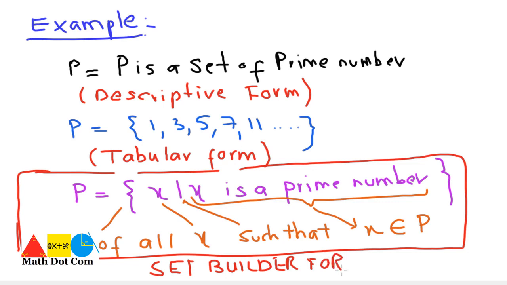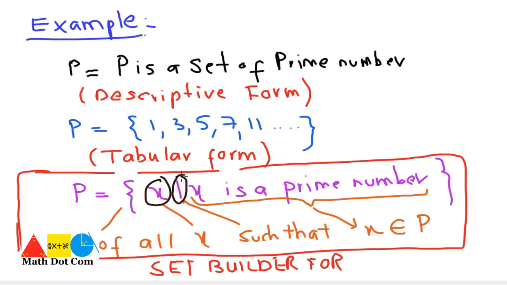Okay, so this is how we can write a set builder form. We write the curly bracket, which represents set of all. Then after that we have a variable. It could be any variable, a, b, c, p, q. Here it's x. Then this line represents such that.